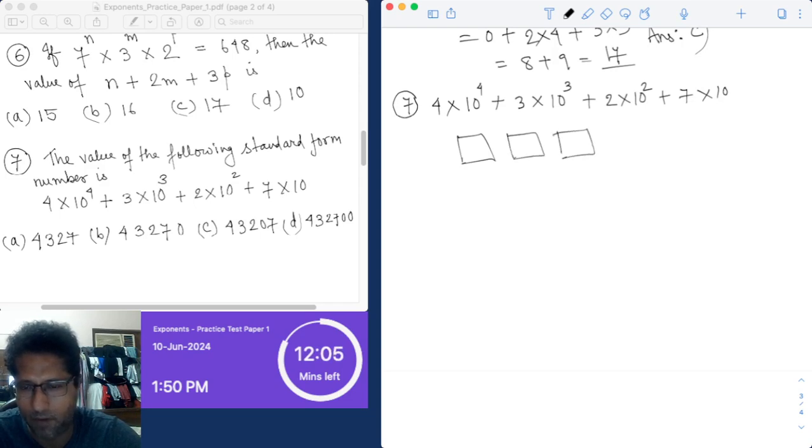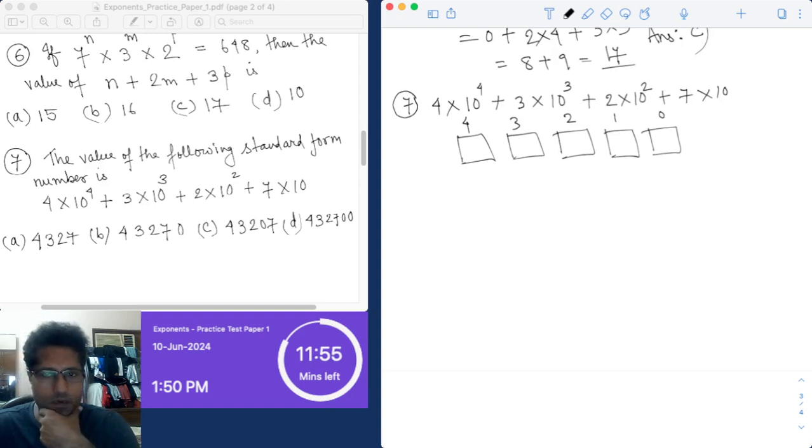I will make 5 boxes and write the powers of 10 of the place values. I write the digit associated with 10 to the power 4, that is 4, in the first box, and 3, 2 and 7 in the next boxes, and the last place is 0.